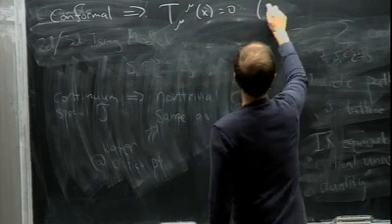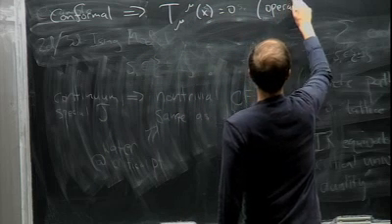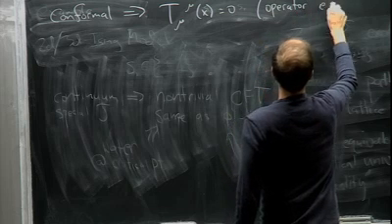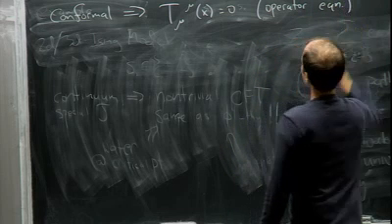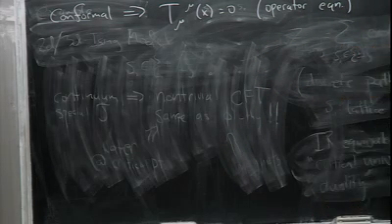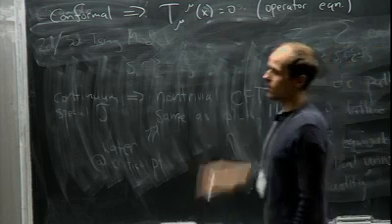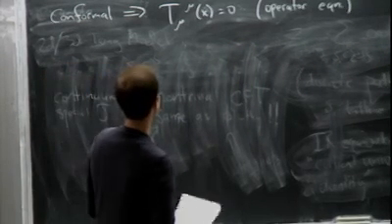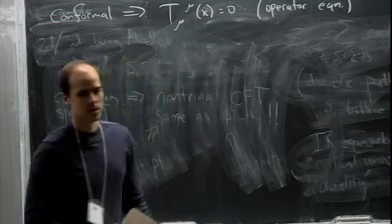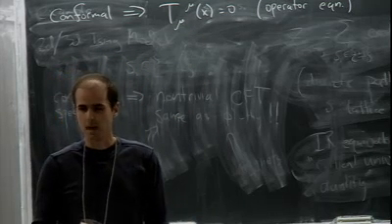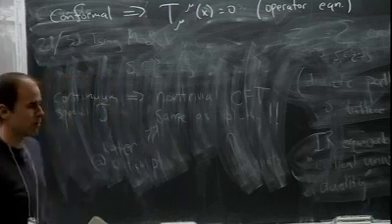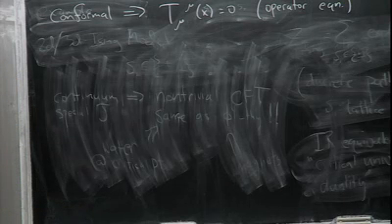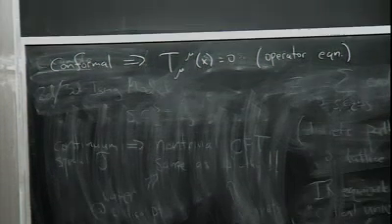And again, this holds as an operator equation, which means it's only true when inserted away from other operators. In general, there can be contact terms, and there is indeed a Ward identity for the trace of T mu nu. But we'll dance around that Ward identity a little bit. We're not going to need its explicit form for a while.